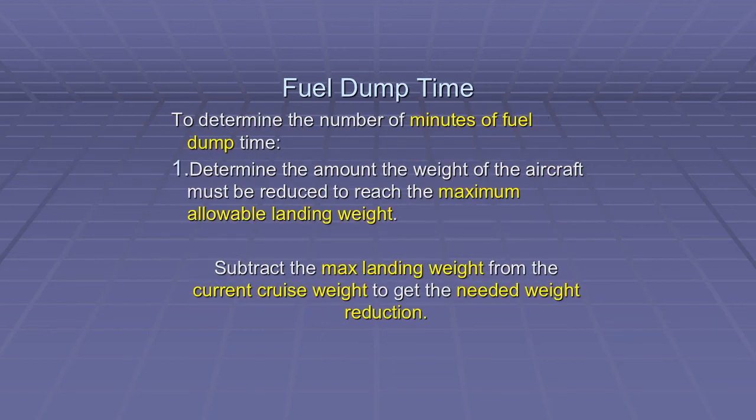To determine how many minutes the crew must dump fuel to reduce the weight of the aircraft to the maximum landing weight, first subtract the maximum landing weight from the current cruise weight to get the needed weight reduction.